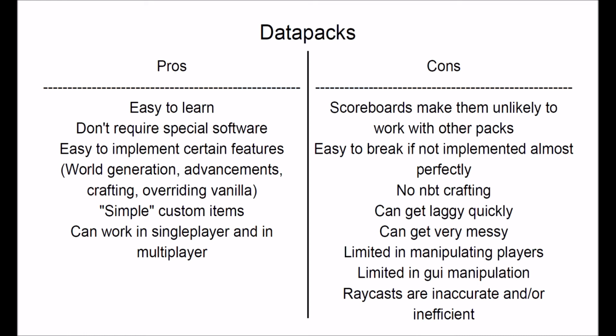There's no NBT crafting. It gets laggy pretty quickly, even if you don't have too many features. The code can get pretty messy, and you're going to have a lot of files depending on how you do it. There's not a lot of manipulation for players at all.